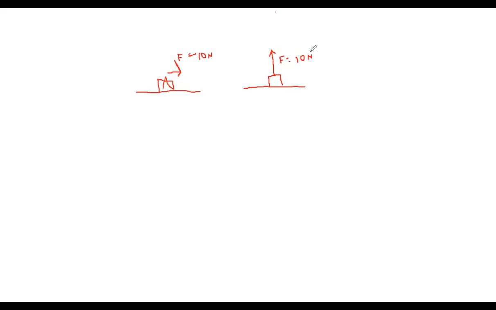But if the same force acts on this body at any angle theta, this 10 Newton force will not act in full on the body; it will reduce. Some of the force will be used to pull it along the x-axis, and some force will act along the y-axis.